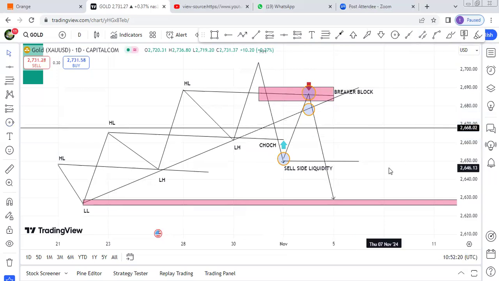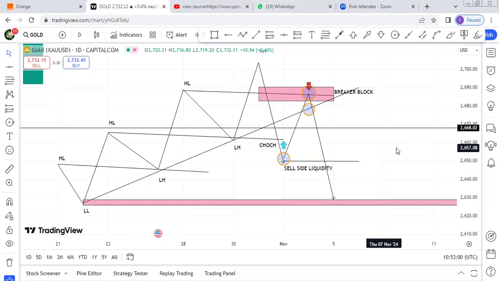Now, when you look at the 50% of that level, you will find that in most cases the price does not sell or buy on the 50%, but it will always want to look at the premium zone. Remember, the high and the low represent the discount and the premium. So there is no way the market can always buy from the 50%. It has to settle its value at the premium level.